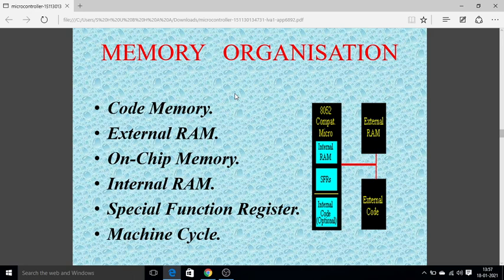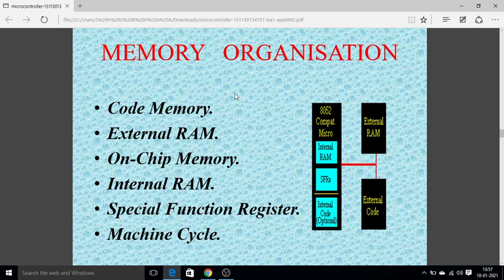Next I am going with the memory organization. We know that the on-chip code memory of the 8051 is about 4 kilobytes, but whenever it is interfaced with external code memory, it is compatible with a total of 64 kilobytes of memory.